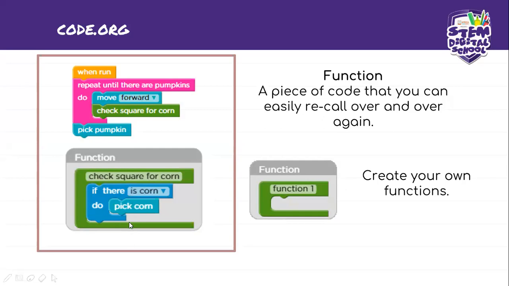And then every time we want to draw a square, we can just click the function block, just the one block, and we don't have to write the code over and over again. We can just recall it anytime we want. So let's quickly see what I wrote on the screen there. Function, a piece of code that you can easily recall over and over again. And then here we can see the function. Okay, great stuff.